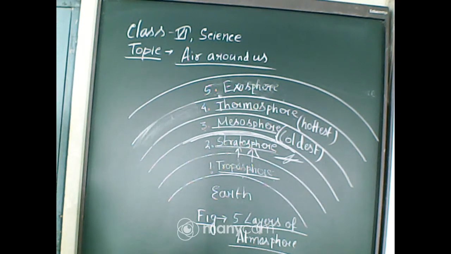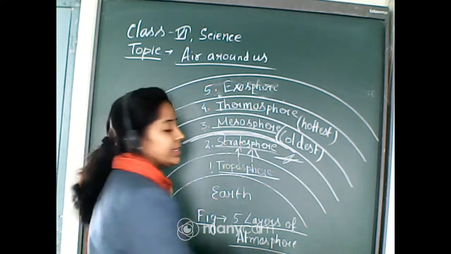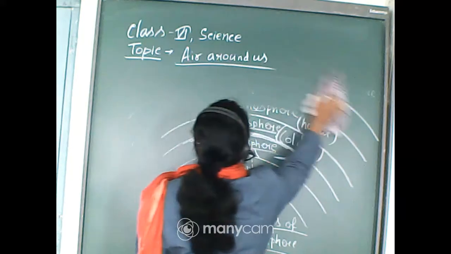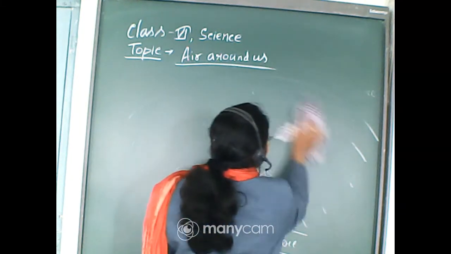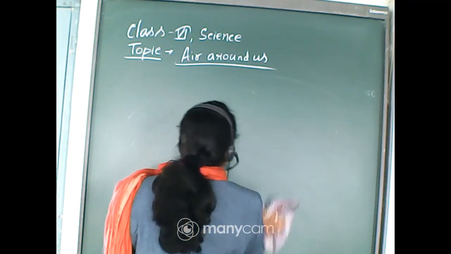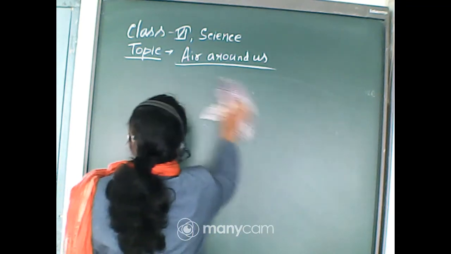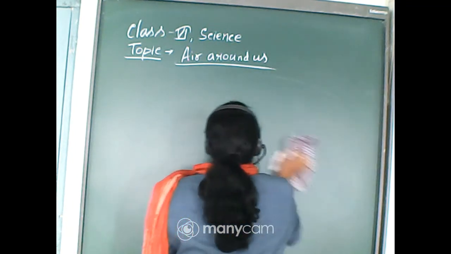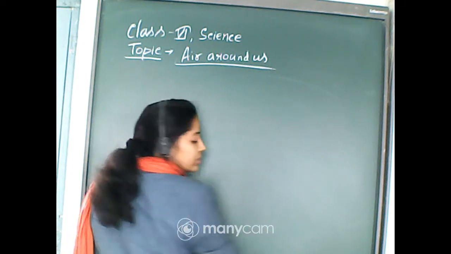Okay students, so I have discussed the different layers of the atmosphere. Now I am going to discuss the composition of the components of air. As I have told you, air is a mixture of gases. Now, what are the names of the gases present in the air, and what are their percentages?